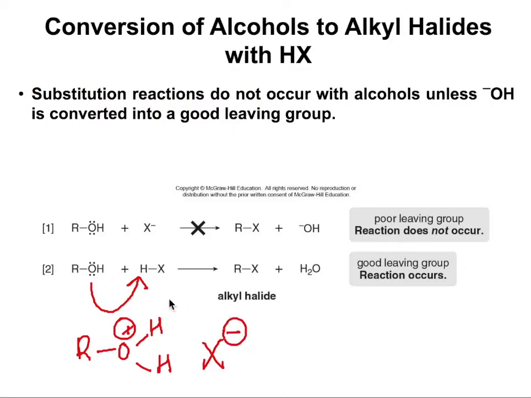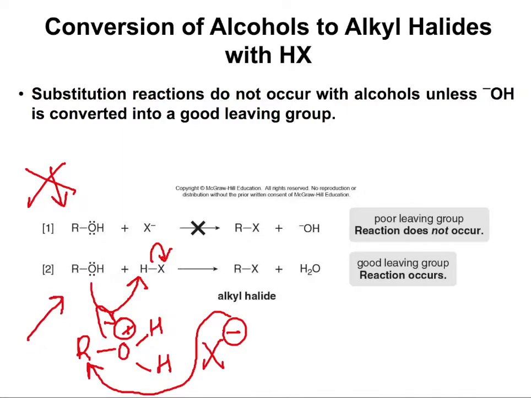Now the halide that left in the first step can come back, attack the R, and the water leaves as a good leaving group, and that's how we get the alkyl halide. So remember, the reaction with the OH minus is not going to happen because OH minus is not a good leaving group, but once we make it a good leaving group, then the reaction can happen.